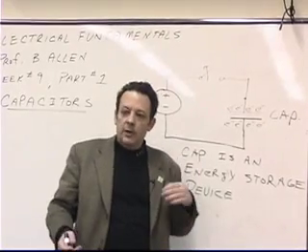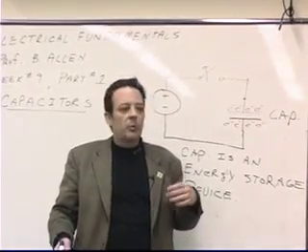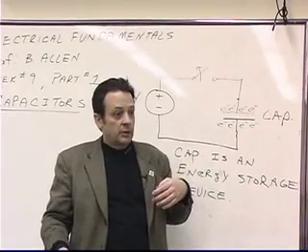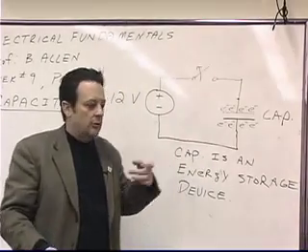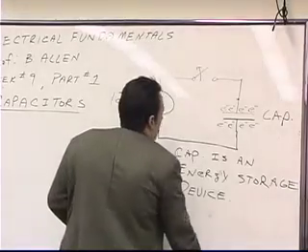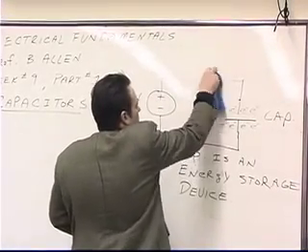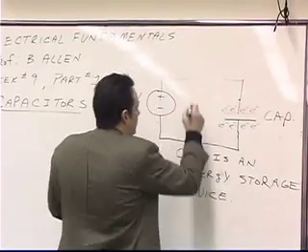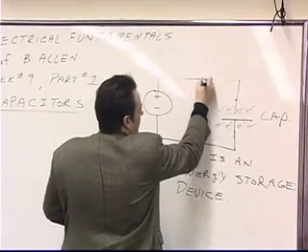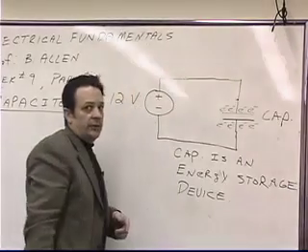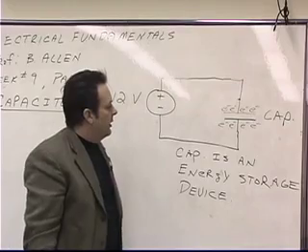The only way we would be able to get current to flow would be if we close the switch, because then we would have a closed loop. So let's redraw our switch as a closed switch. So I'll just draw a straight line, which is really the same thing as a closed switch.